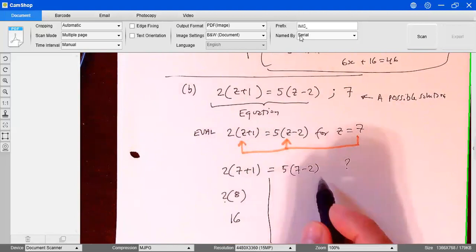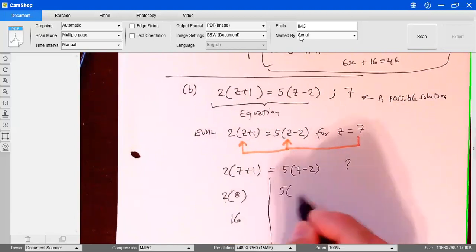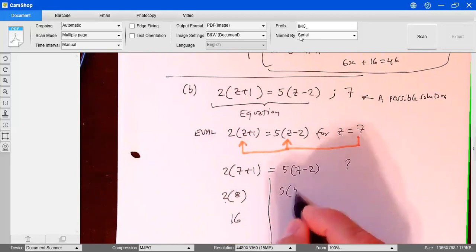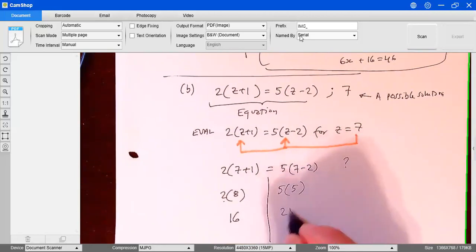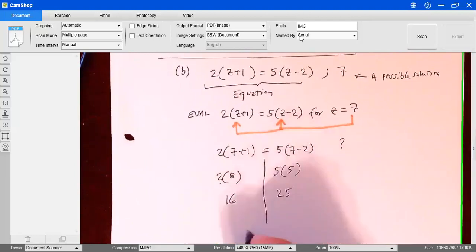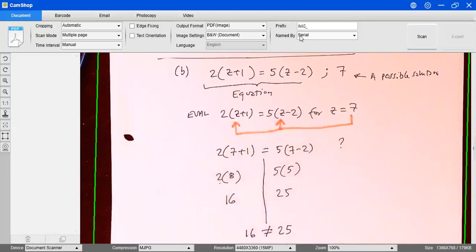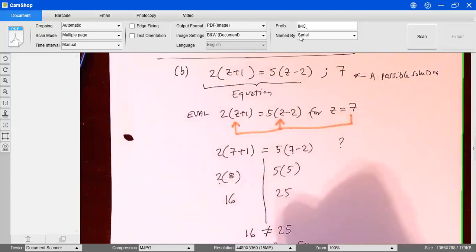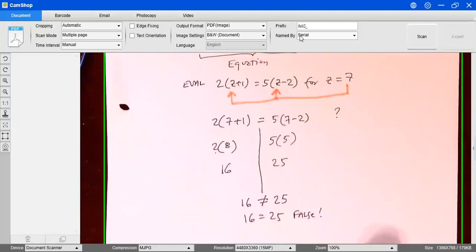Now with the right-hand side, 7 minus 2 is 5, so 5 times 5 is 25. You see your left-hand side and your right-hand side, and you say that 16 equals 25 is false.